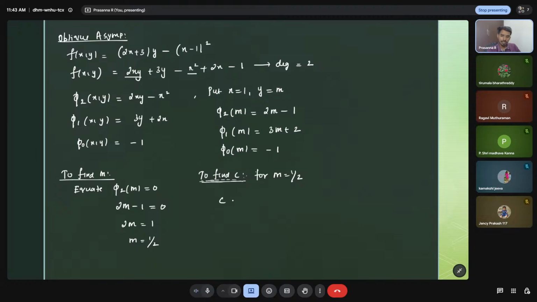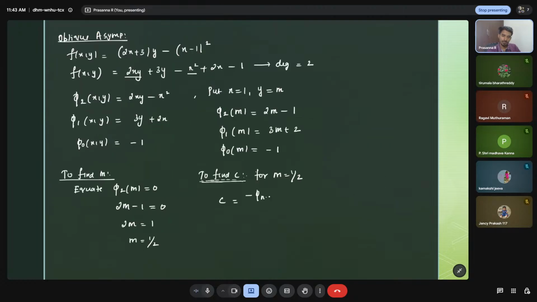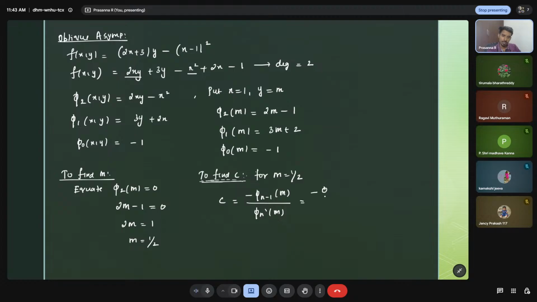Now to find c, c is given by minus Pn minus 1 of m divided by Pn dash of m. And we know n is 2 here because the degree of f of x comma y is 2. So in this case, this will be minus P1 of m divided by P2 dash of m, and for m is equal to 1 by 2 only we are checking, right?